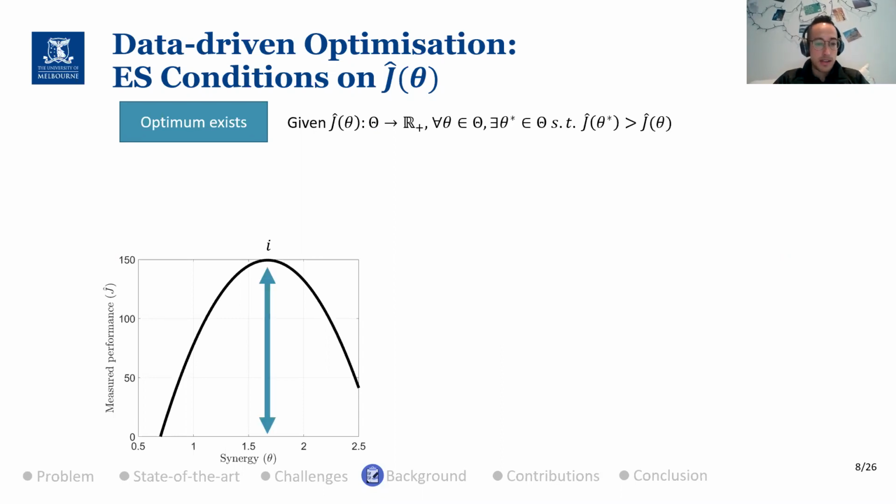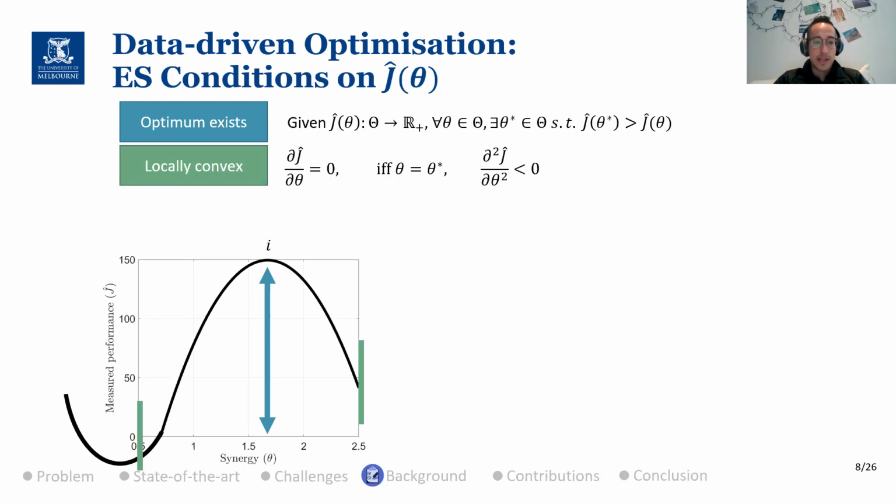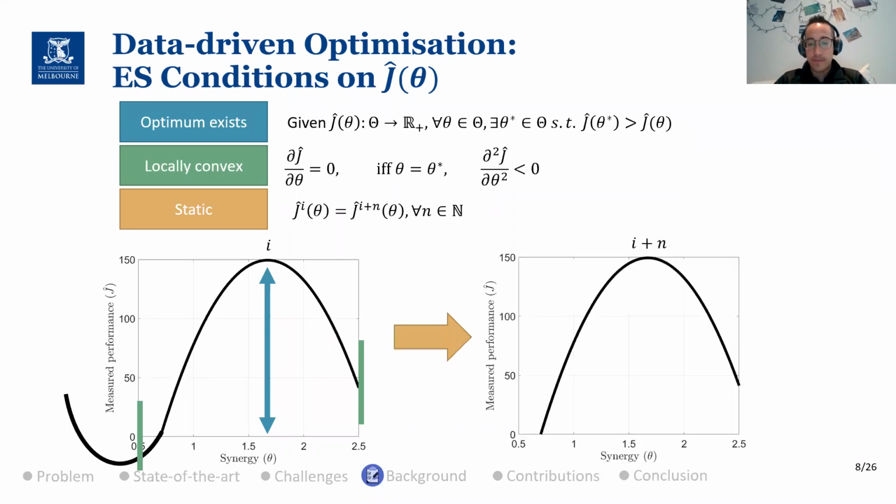So basically, for a range of parameters, there is a single parameter that maximizes performance. That is the case in a region of interest, so it's locally convex. And the last one is that the system, or this map, this relationship between the parameter and performance, is static. So if we repeat the task over and over again, this map does not change.